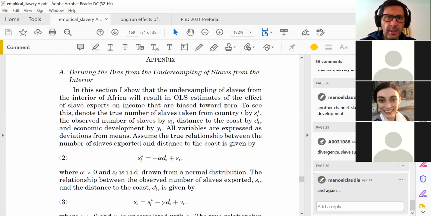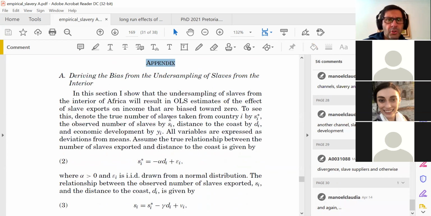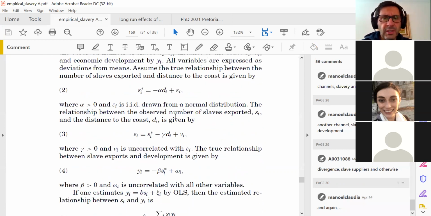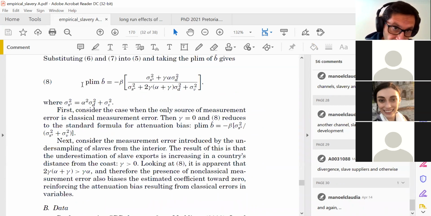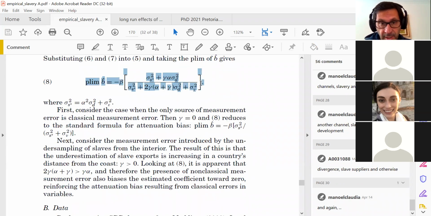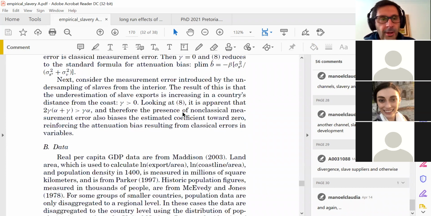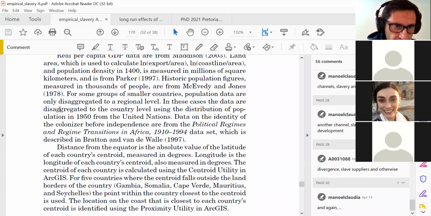And then he's got the appendix. Just to show you the appendix, you can see a lot of textbook material. If you have text, prelims are always textbook material. And then extra information about the data, right? Because the data is an innovation of the paper.